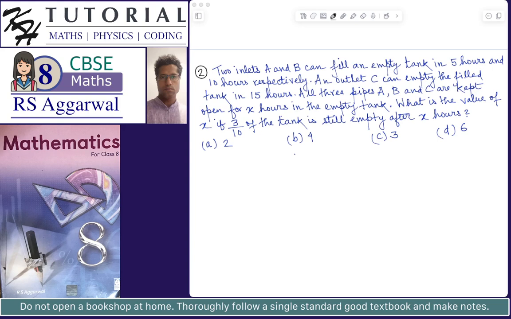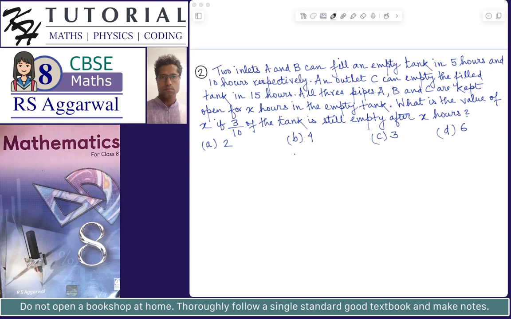All three pipes A, B, and C are kept open for X hours in the empty tank. Now, what is the value of X if 3 by 10th of the tank is still empty after X hours?